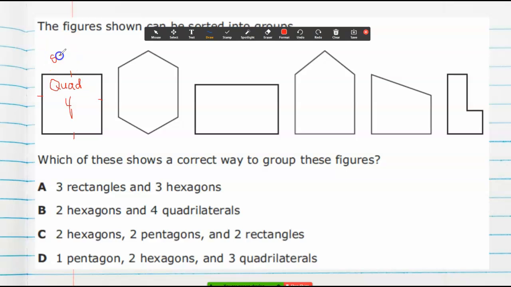It is also a square. Remember to put as many names as you can possible. Okay, 1, 2, 3, 4, 5, 6. So we have a 6-sided shape, which is a hexagon. 1, 2, 3, 4. We have a 4-sided shape, which we know is a quadrilateral, and a rectangle.